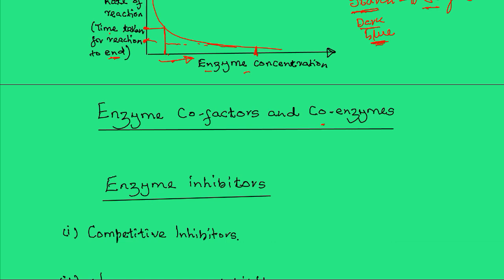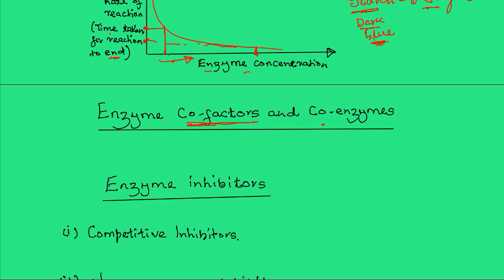There are many enzymes that cannot function in the absence of certain other substances. These other substances are known as cofactors. So the absence of these cofactors will mean that the reactions cannot take place.